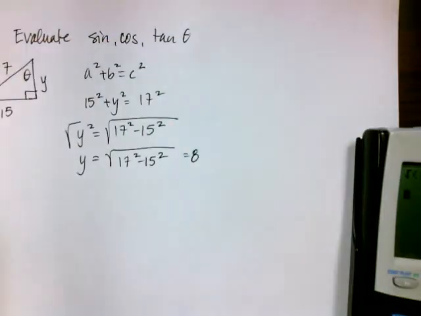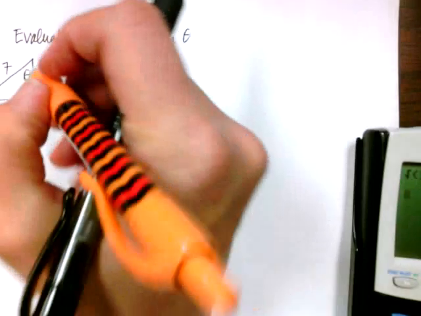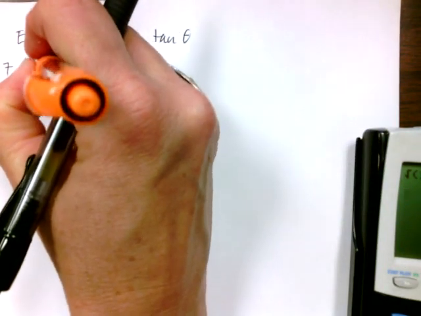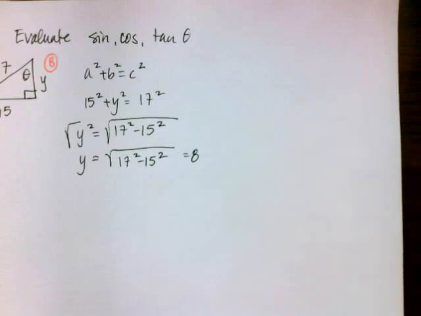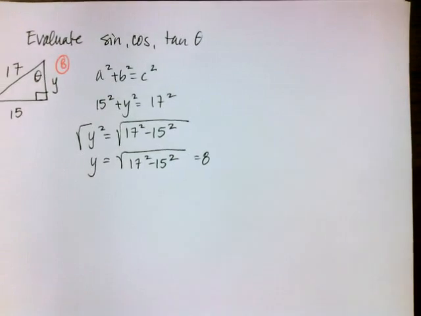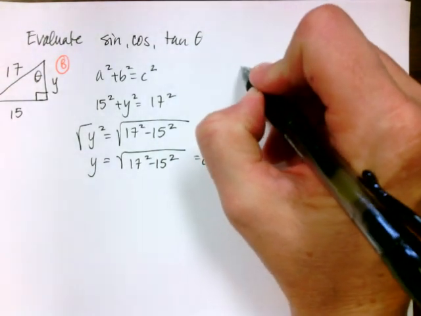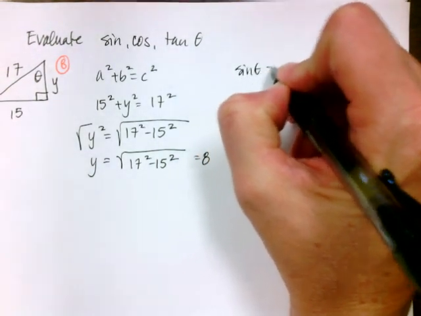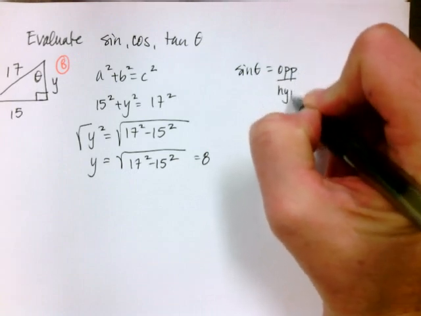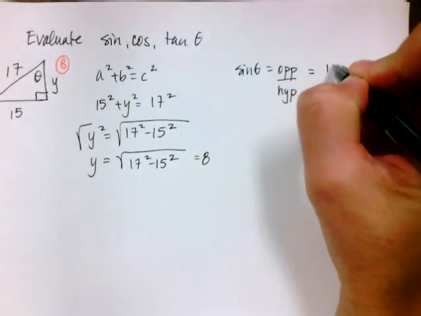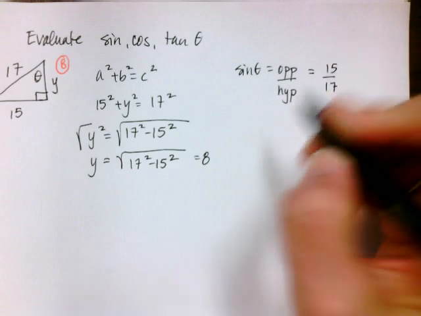All right. And when I'm doing things that are related to geometry, when I find something, I always add it to my diagram and I circle it. That's just my own particular habit, so I know what's new. Now I can find my angles. So the sine of theta is going to be the opposite over the hypotenuse, which is opposite 15 over 17.